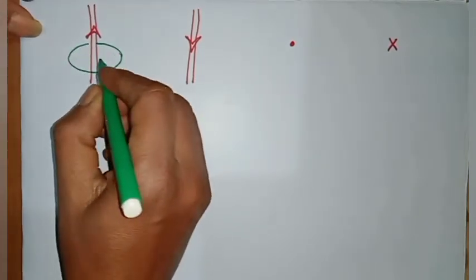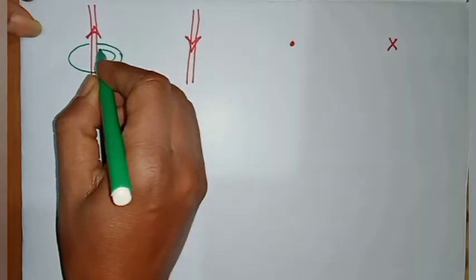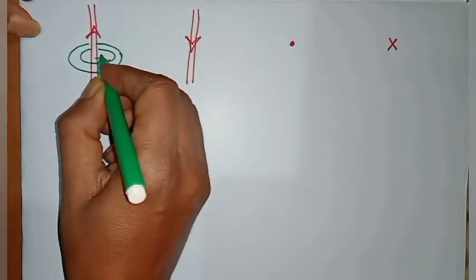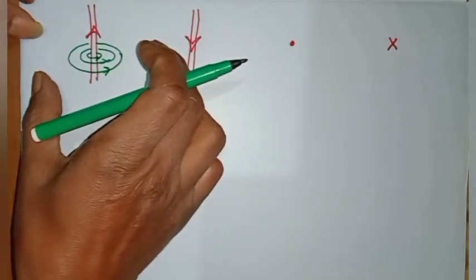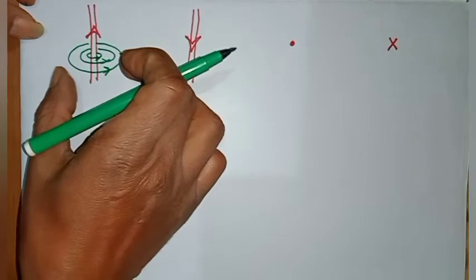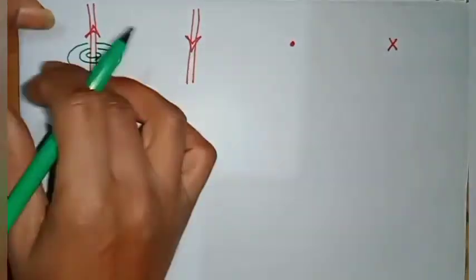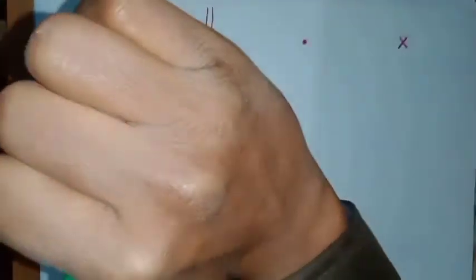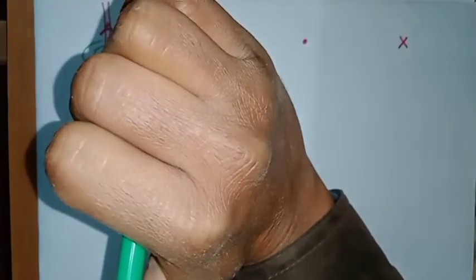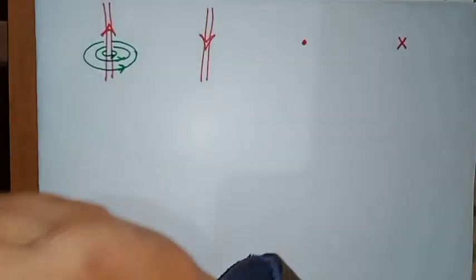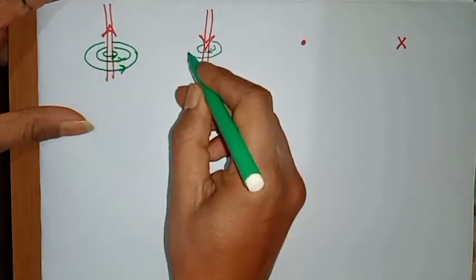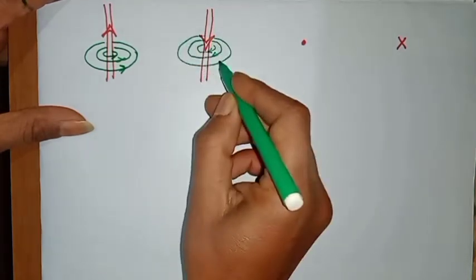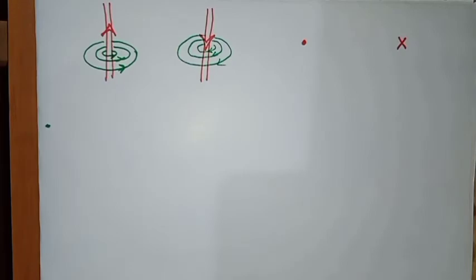You can draw a few more, and if we go away from the wire, these will be going far from each other, showing weaker field. I'm not showing it here. Now, like this, fingers are coming out from the right side, going into the left side. So if we reverse the direction of current, then direction of magnetic field also gets reversed.